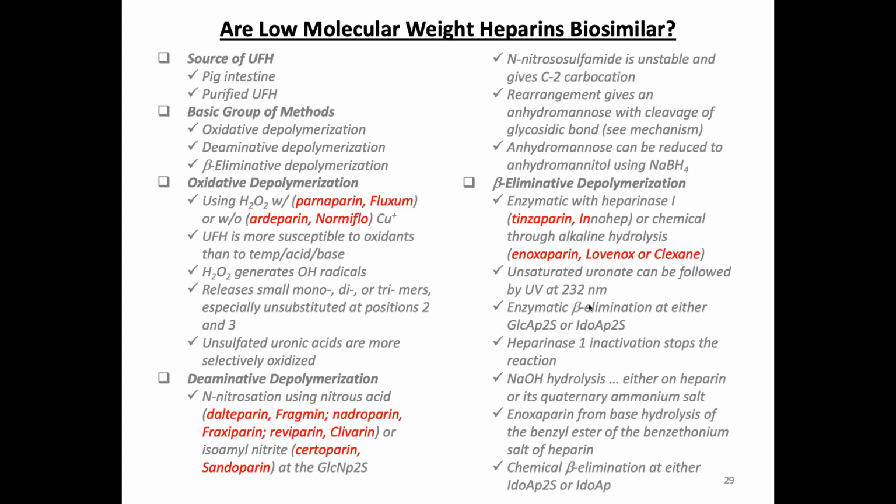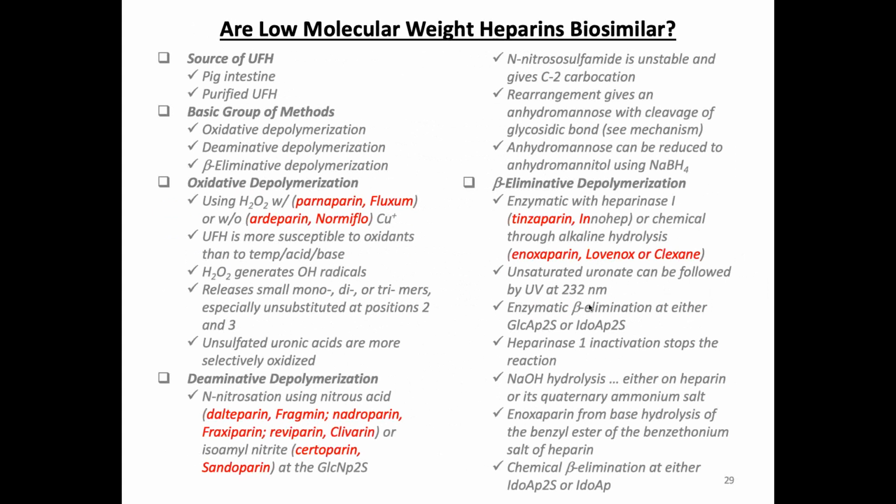Okay. So the question is, are these low molecular weight heparins biosimilar? Is Lovenox, Fragmin, have biosimilar? How many say yes? Okay, only one. How many say no?